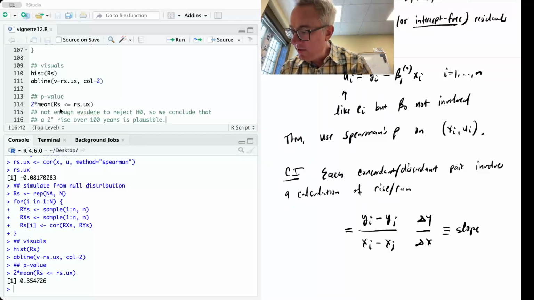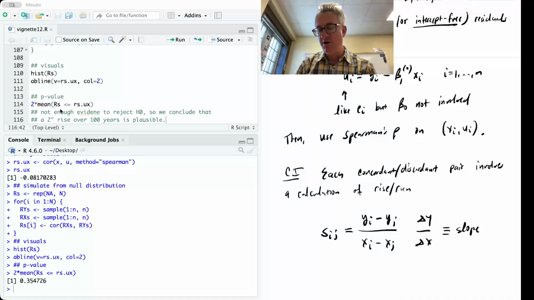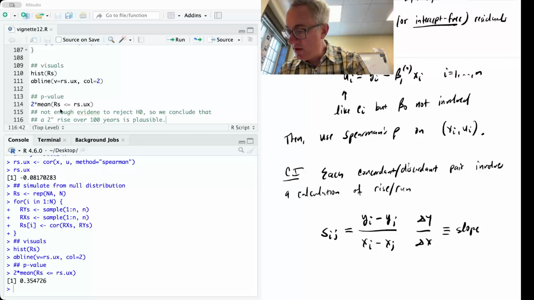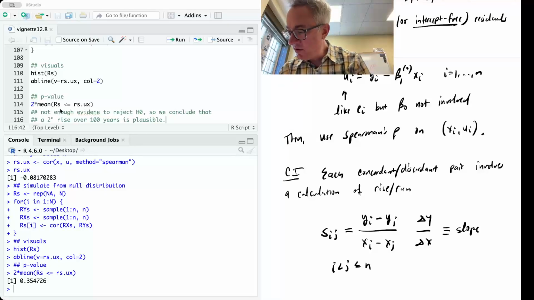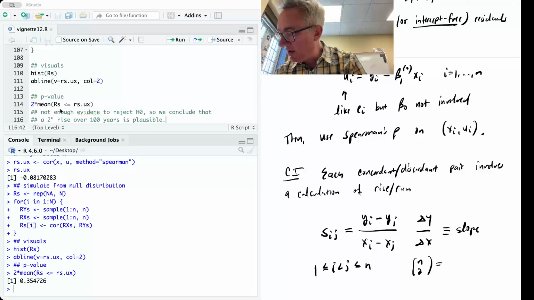So let's call this Sij. It's the ijth slope calculated from the ijth pair of pairs. And we only do it for each unique pair, which means that we're going to force i to be less than j. So this should result in n choose 2 pairs. We talked about that last time. So that's n times n minus 1 over 2.